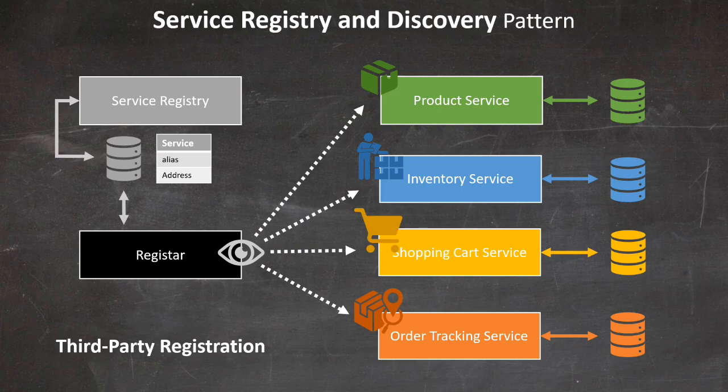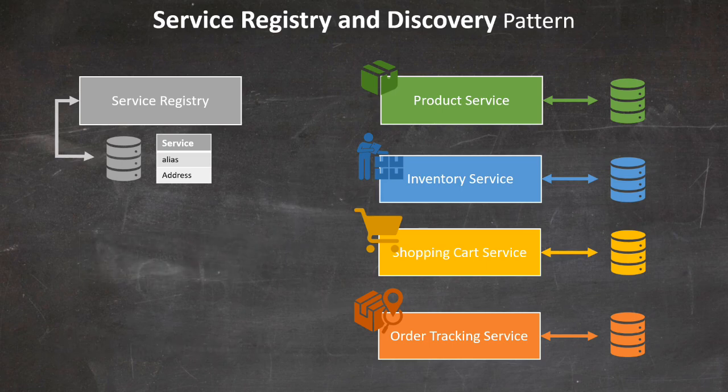Now, let's look at the second component of this pattern, the discovery. How does a microservice discover its partner in crime? Well, they discover them thanks to the service registry database. And, here again, there are two alternatives for the discovery pattern. In the first alternative, each microservice can query the service registry to retrieve the needed info of other microservices.